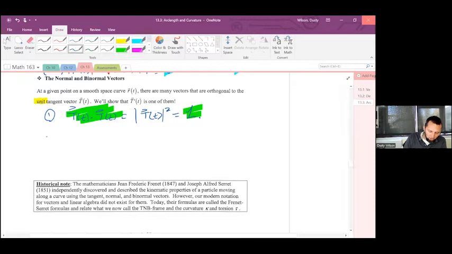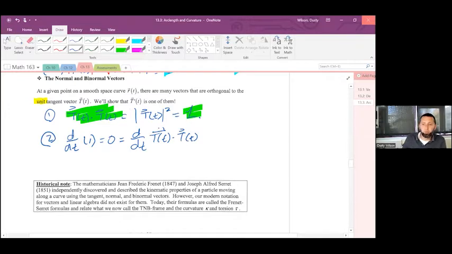So when we differentiate both sides, we get that d/dt of 1, which is 0, is equal to d/dt of T of t dot T of t. And here we get to use the product rule for dot products. And so this will be T prime of t dotted with T of t plus T of t dotted with T prime of t.